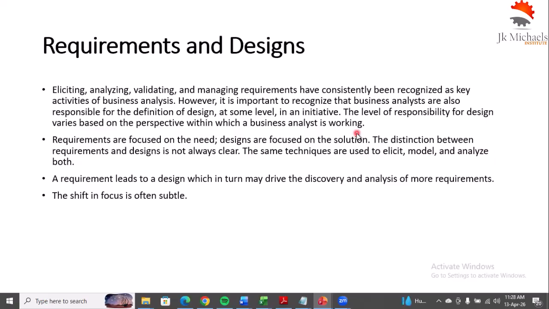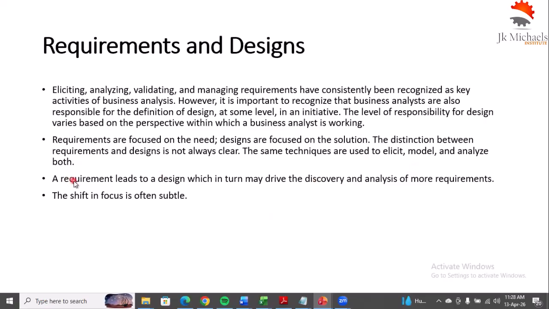Sometimes it's not a very easy thing to identify the distinction or the difference between requirements and design, because we use the same techniques, e.g., brainstorming, mind mapping, prioritization. We use the same techniques to elicit, model, and analyze both requirements and design.